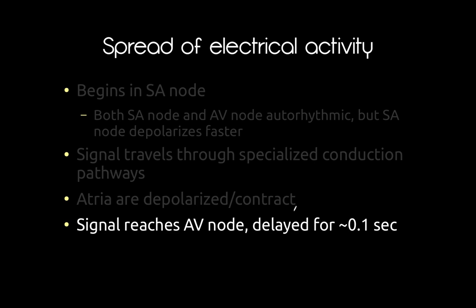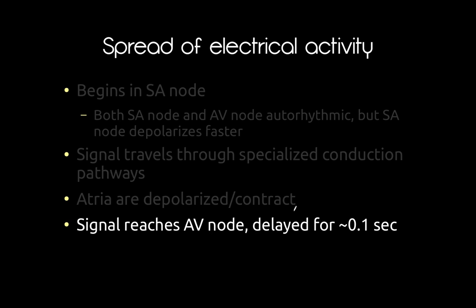Also, the signal is going to reach the AV node as well. So there's this specialized conduction pathway straight to the AV node. But at the AV node, there's going to be a delay in this signal for about 1/10 of a second. It's going to hold up right there. This is going to allow the atria to completely contract before we start contracting the ventricles. Because we don't want those contracting too early.